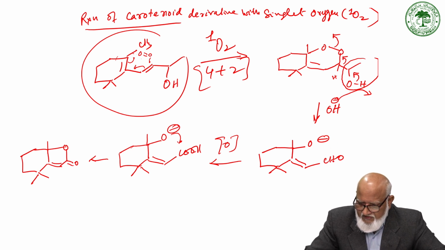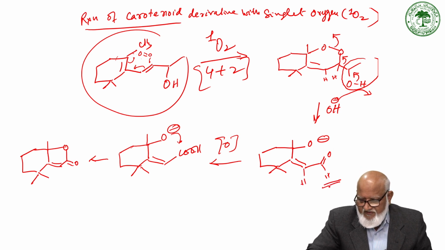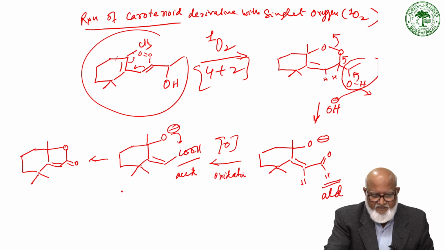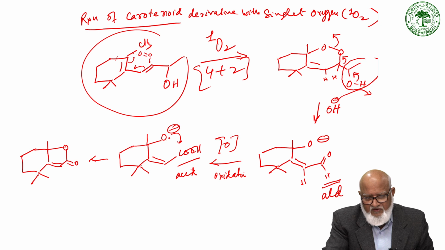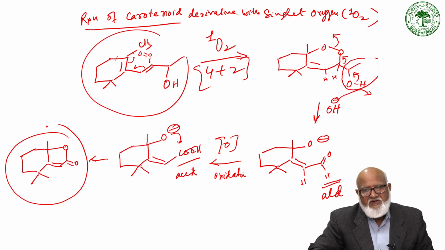This aldehyde goes to carboxylic acid on oxidation, and the incorporation of this O minus gives the cyclized product. So you can see a bicyclic lactone derivative has been formed during this reaction.